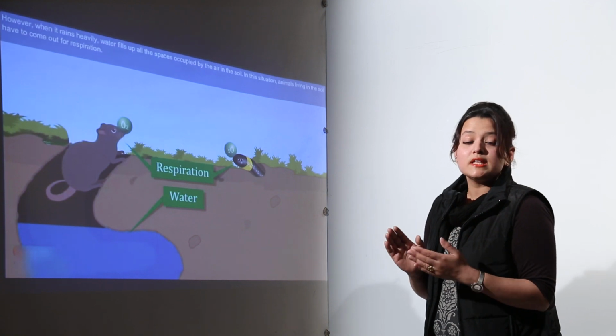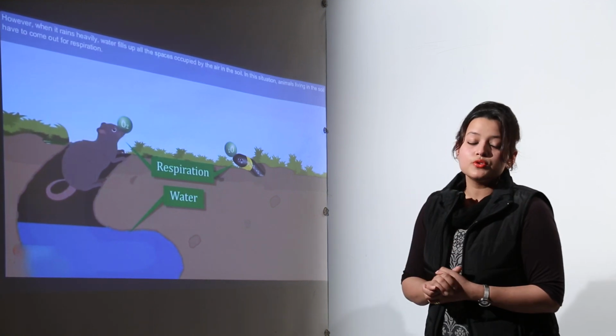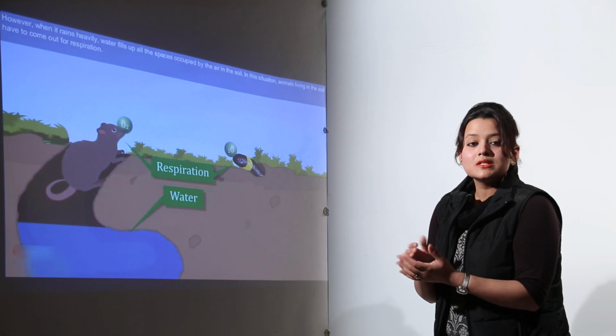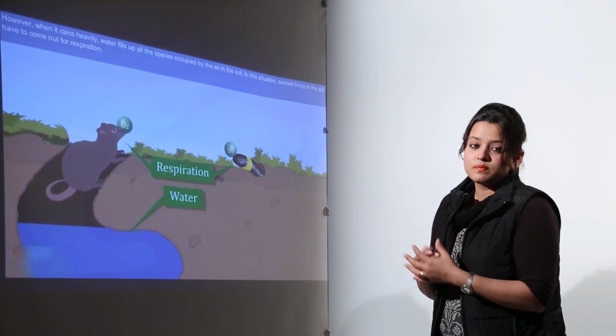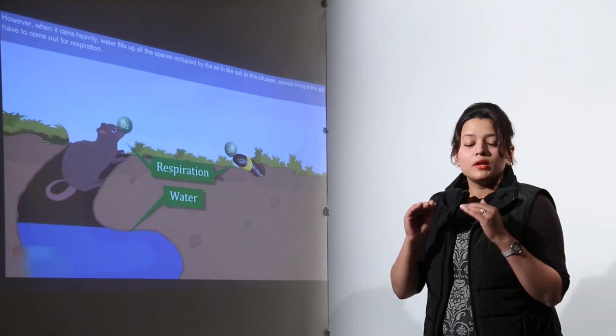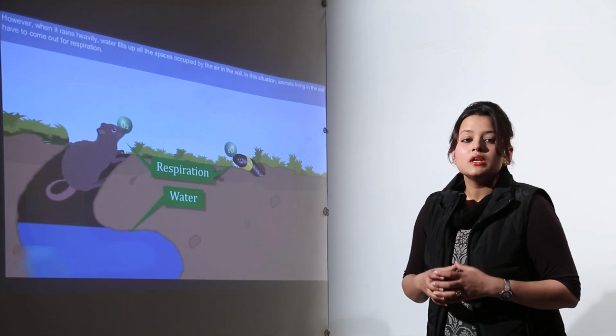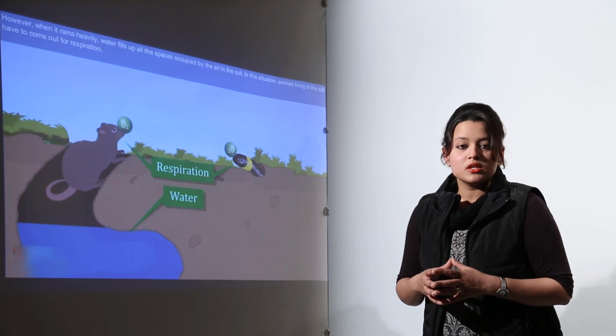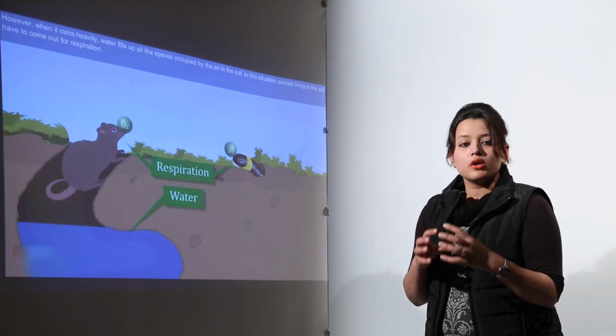So these living organisms have to come out of their burrows, out of their holes, in order to breathe oxygen. So we can conclude that the organisms that live below the ground are consuming the oxygen that is present between the soil particles.